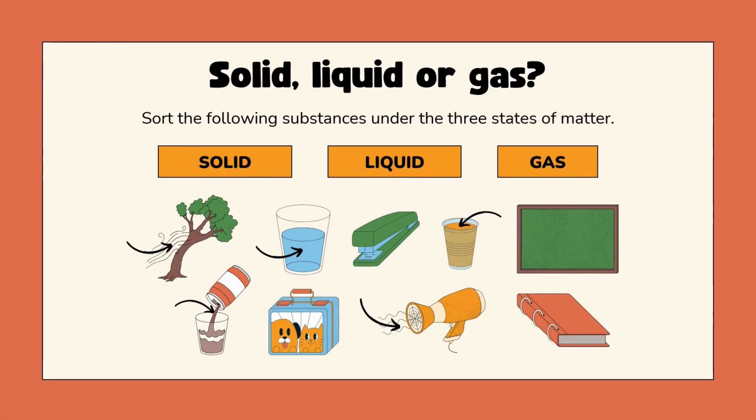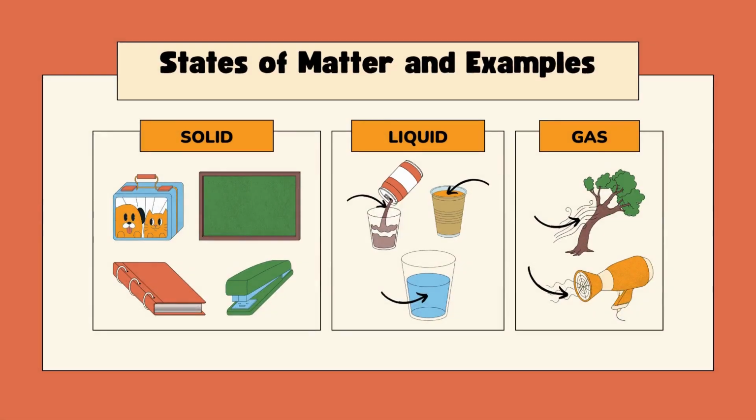Solid, liquid, or gas. Sort the following substances under the three states of matter: solid, liquid, and gas. Pause the video, think, and then check your answer. If you sorted 4 solid, 3 liquid, and 2 gases, you're correct.